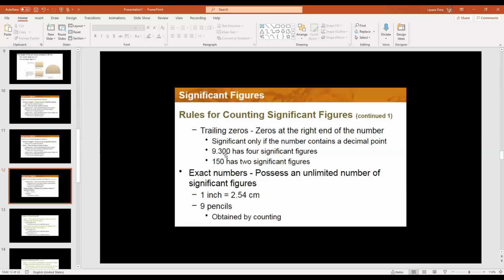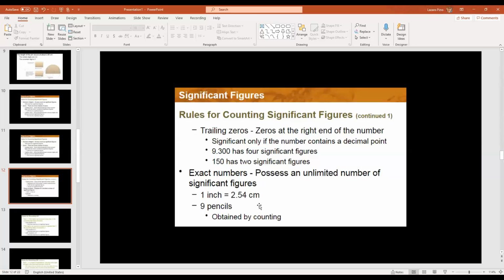If the zeros are to the right, but after a dot, we consider the zeros significant, then this number has 4 significant figures. In this case, there is no dot, so this zero is not significant. And this number has only 2 significant figures.